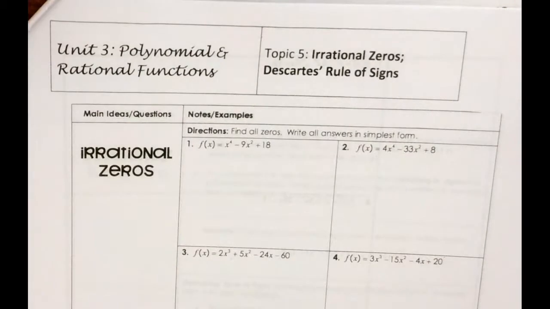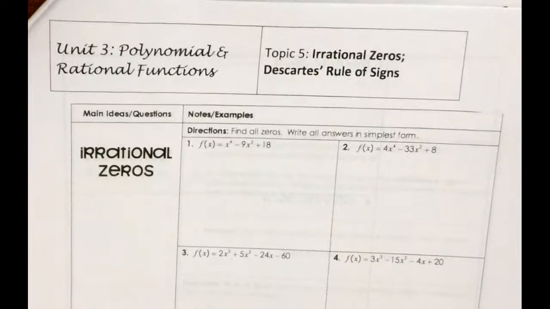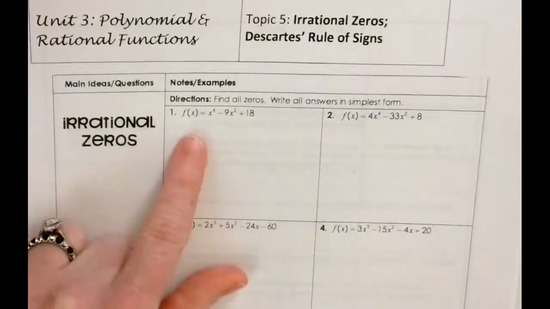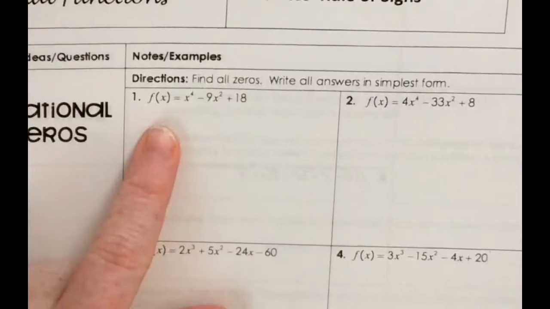Okay, so beginning 1 through 4, we're going to factor by grouping, and then we'll factor the rest, and we'll have some irrational answers. Then we'll have to use the rational zero theorem for the rest, okay? So, number 1, sorry, I misspoke there. You may have to factor by grouping.